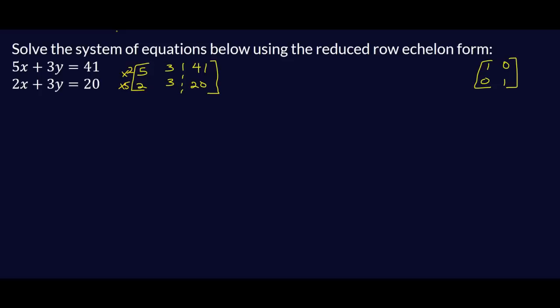Okay, so let's go. Row 1 multiplied by 2 and row 2 multiplied by 5.